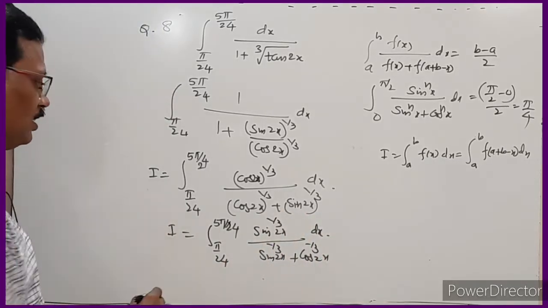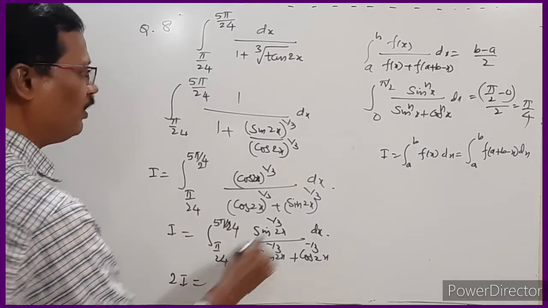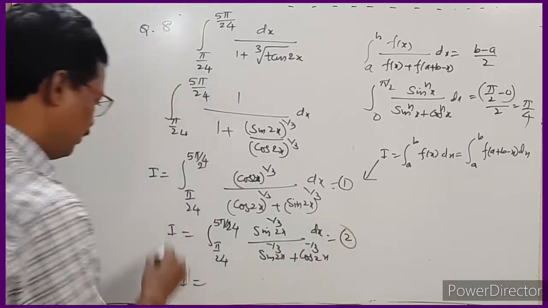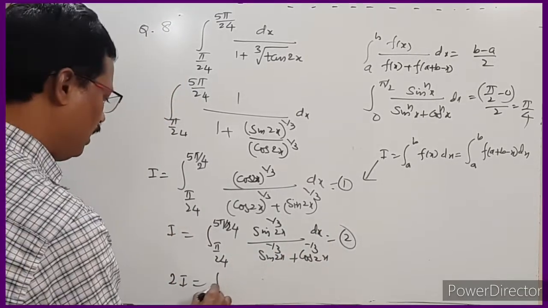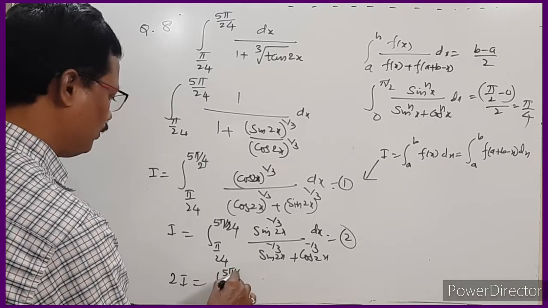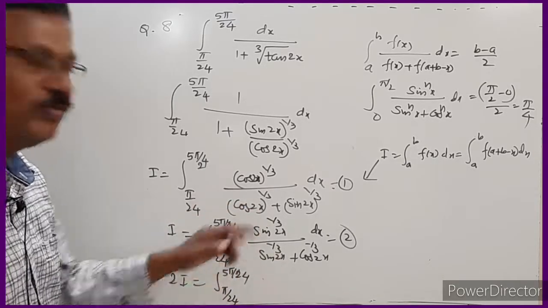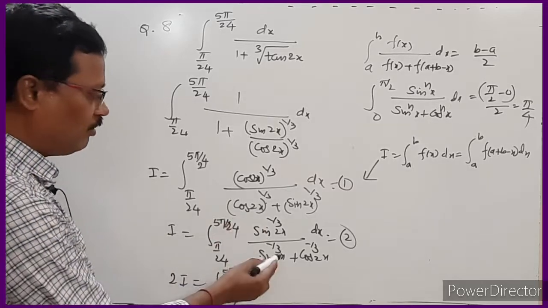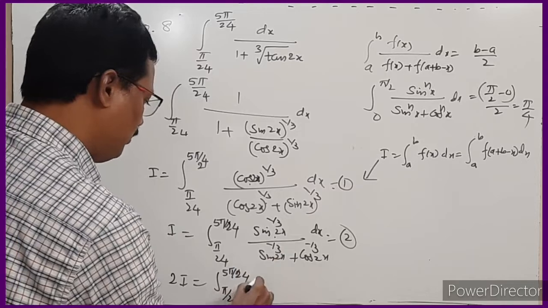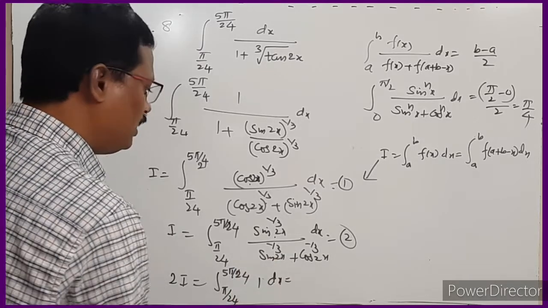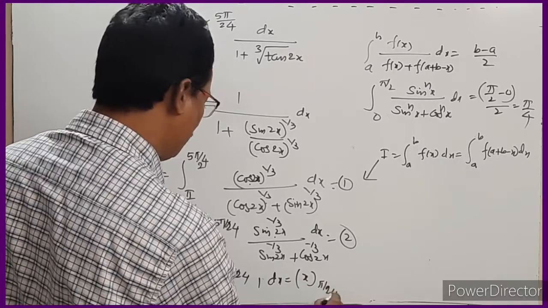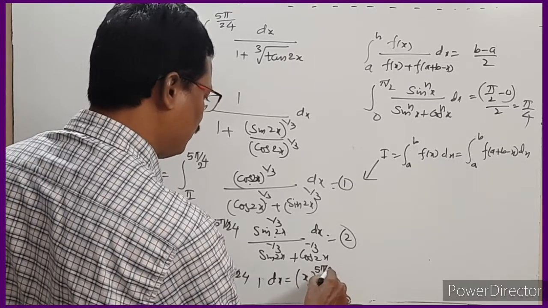Now if we write the sum of these two, 2I will be integral pi by 24 to 5 pi by 24, the sum of these two will be 1. Both denominators are the same, the sum of the numerators equals the denominator, 1 into dx. Integral of 1 is x, limits from pi by 24 to 5 pi by 24.